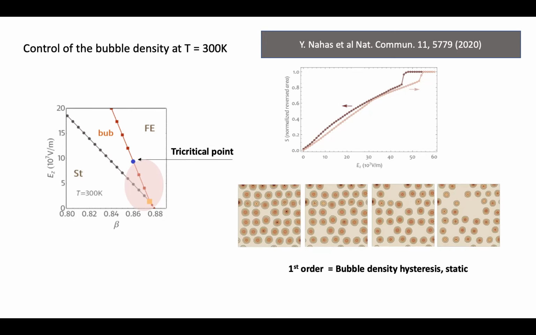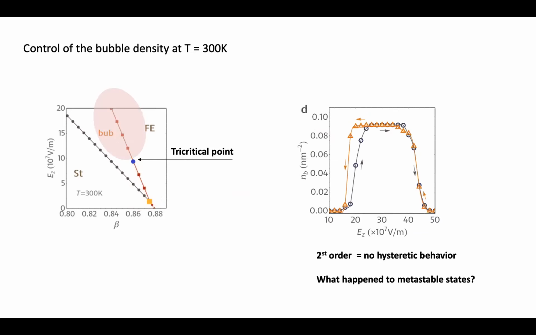And this yields, for instance, hysteretic behavior at the transition, which perfectly falls in the picture of the nucleation. But now, what about the continuous transition? In this case, the hysteresis of the density disappears. And we're wondering what happened to the metastable states. Bubble domains are domains after all, so once they're there, you expect them to be there.